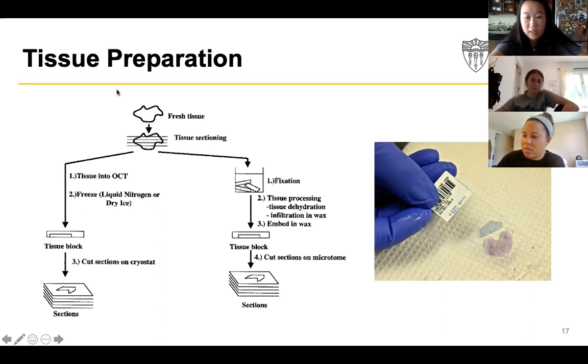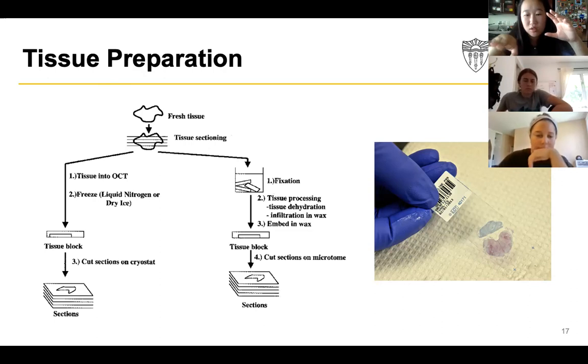The other way is to fix it, using a dehydration method to remove all of the living portions of the cells, put that piece of tissue inside wax, and then also cut it into very thin sections so that light can pass through it.